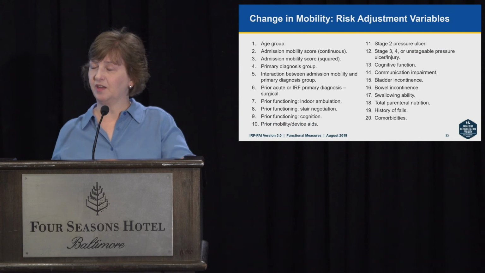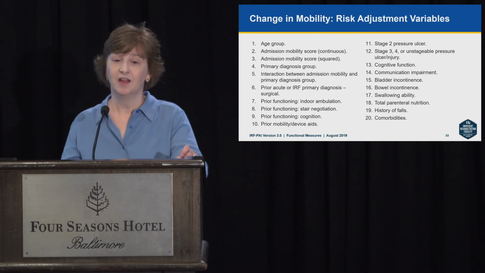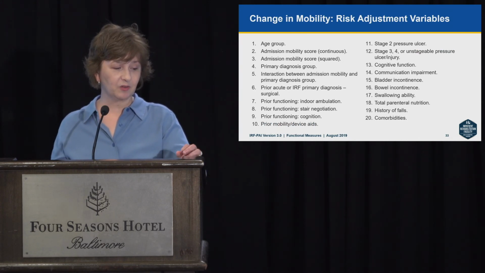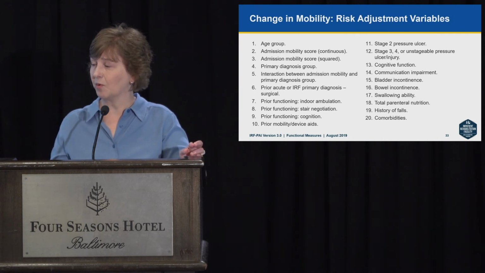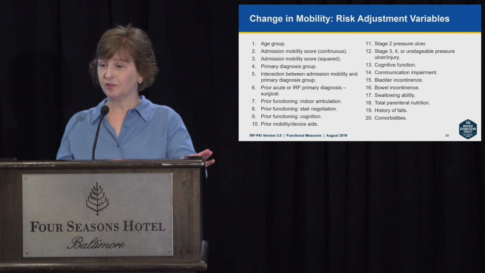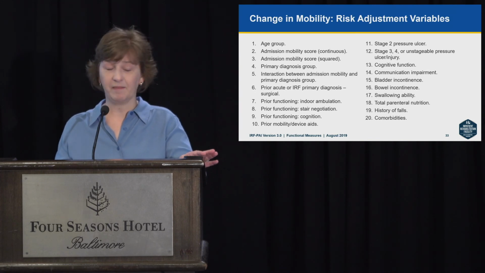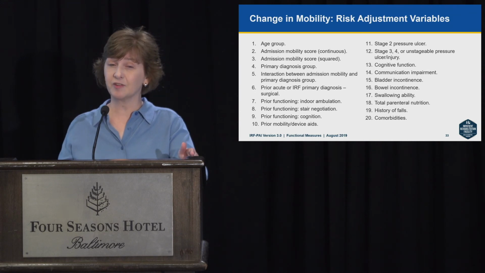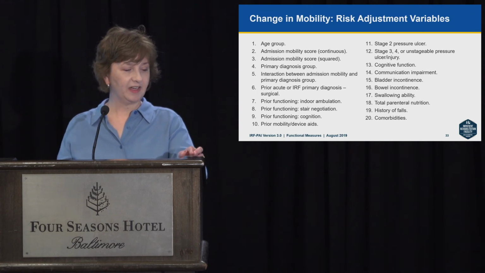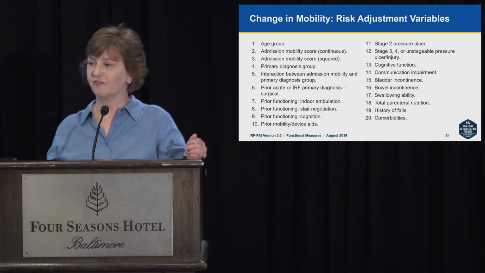Similar to the self-care items, we did a lot of analyses. We talked to a lot of experts about what factors are associated with mobility outcomes. In general, you'll see a lot of the similar admission data that are included in terms of risk adjustment. One thing I'll highlight is that number 19 on this particular slide, history of falls.